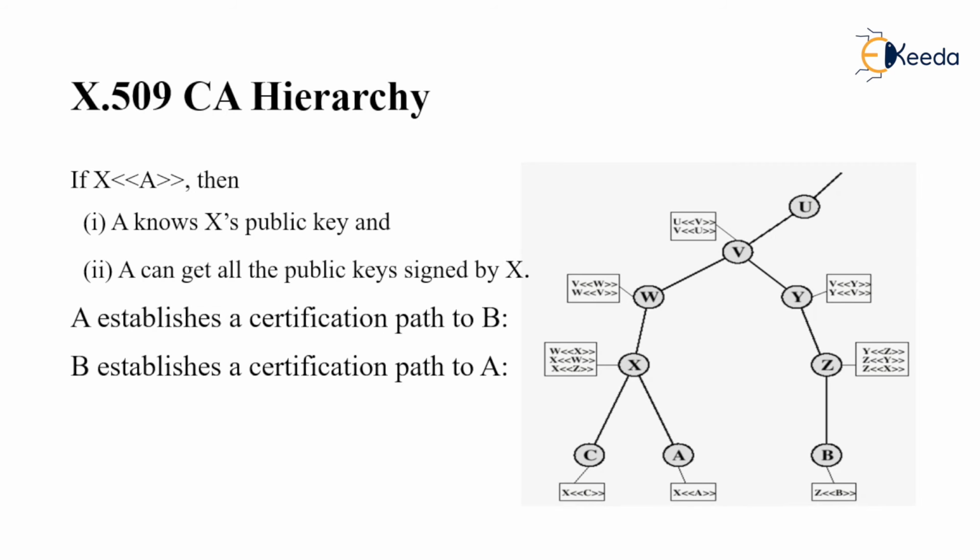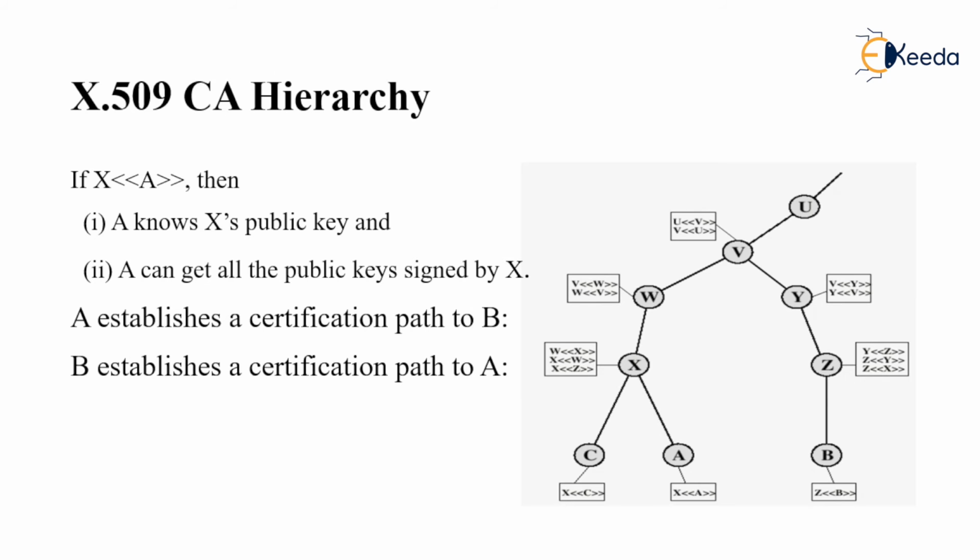That means the certificate authority's public key is known to A. A can get all the public keys signed by X because A is using the certificate authority X. So A can get all the public keys which are generated by X, or which are signed by certificate authority X. A establishes a certification path to B. That means if A wants to start communication with B, A should have B's public key, which it can very well get from X because B's public key is also signed by X. B establishes a certification path to A because now A and B know each other's public key because they are signed by the same authority, and that authority's public key is also known to users A and B.